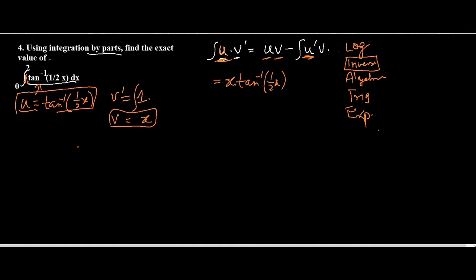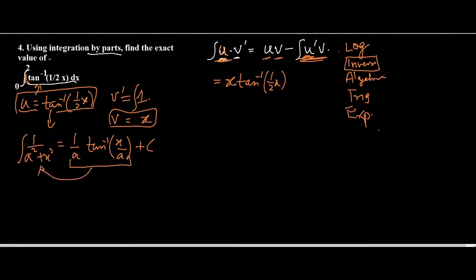Now what is challenging part is the second part, right? And for that we have to differentiate u. For this, we should know that integration of 1 over a square plus x square is 1 over a tan inverse x over a plus c. So that means if we differentiate this, we should get this, right?